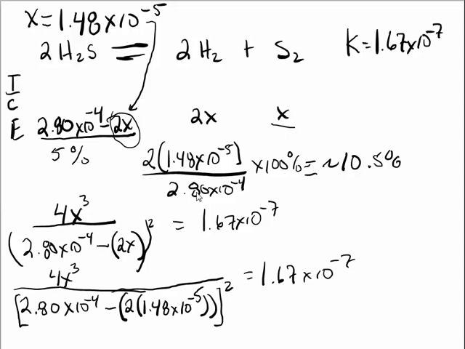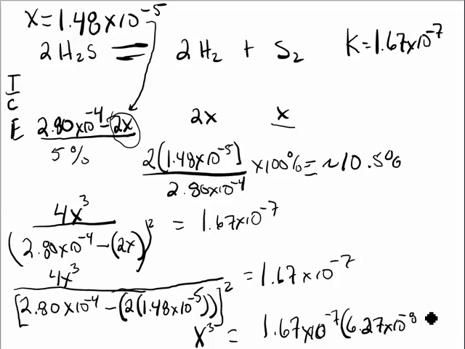So when I've done that arithmetic, this turns out to be my x cubed is equal to 1.67 times 10 to the minus seventh times 6.227 times 10 to the minus 8. That whole thing divided by 4.